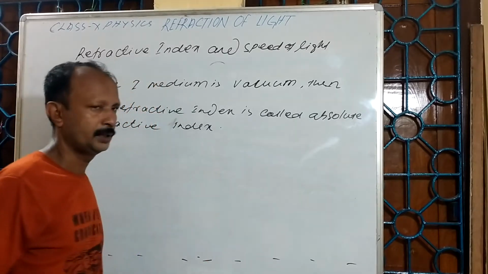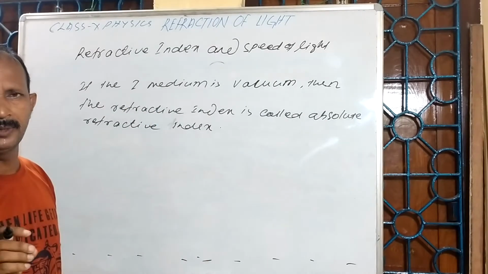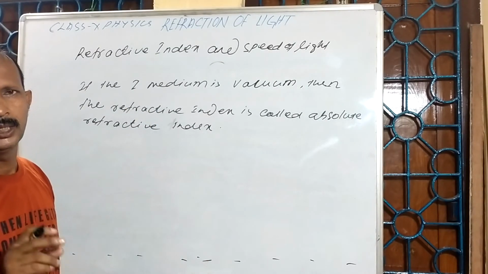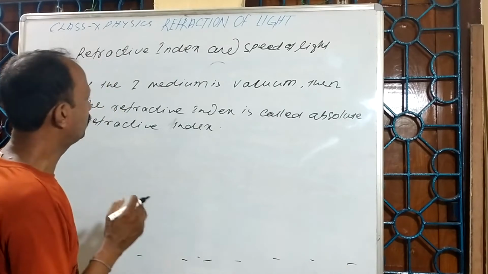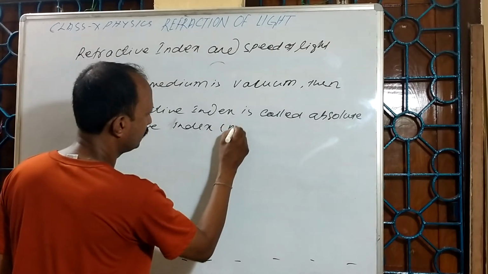Listen carefully. If the first medium is vacuum, then we say it is absolute refractive index.